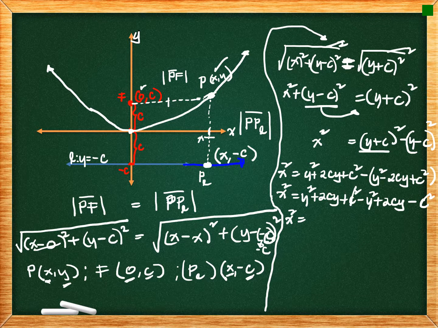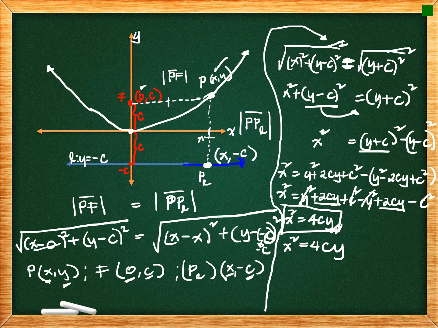And so is y squared and negative y squared. So what will remain on the right are these two 2cy's. So we can add them both, and this becomes 4cy. And this is the equation of our parabola. Alright, x squared is equal to 4cy.